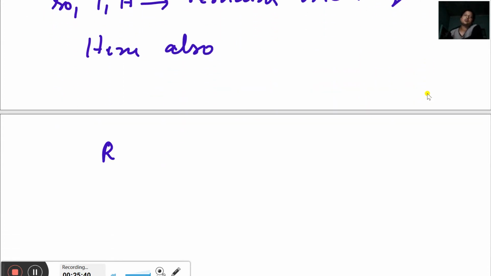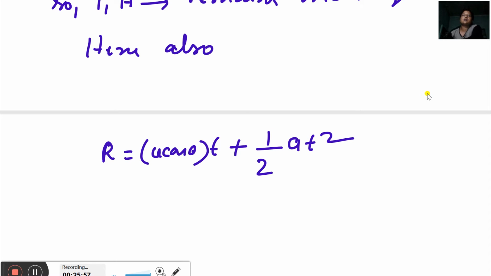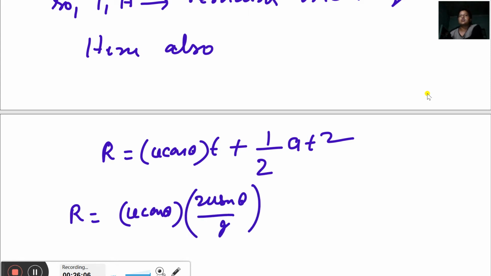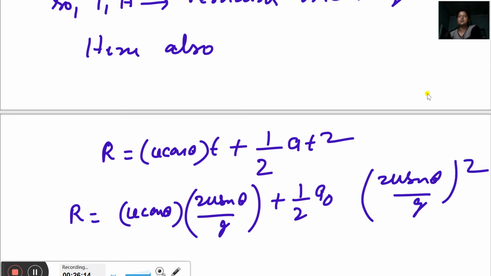Range R equals to u cos theta t plus half a t square. R equals to u cos theta and t is time of flight, 2u sin theta over g, plus half acceleration a naught, time of flight 2u sin theta over g whole square.